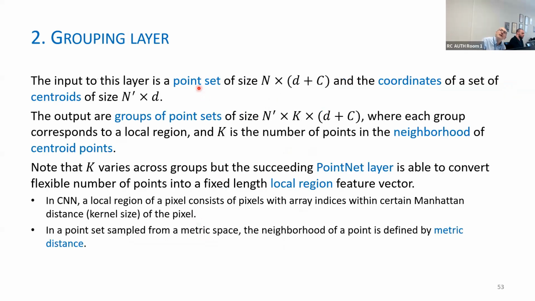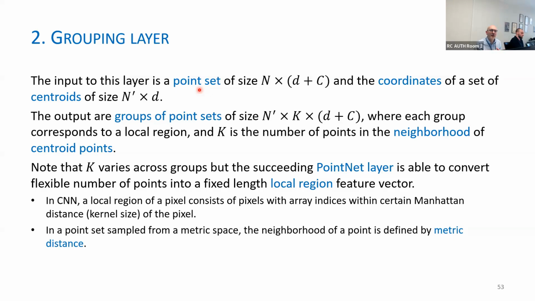Then there is a grouping operation. The idea is that we want to cluster in some way, to group together the surrounding points with respect to these sampled points. And this can be done in different ways.